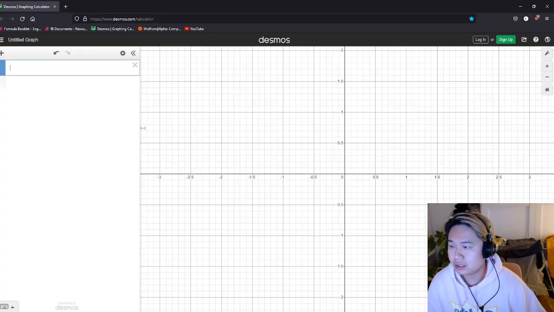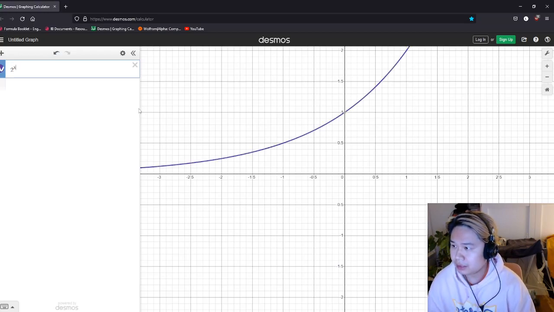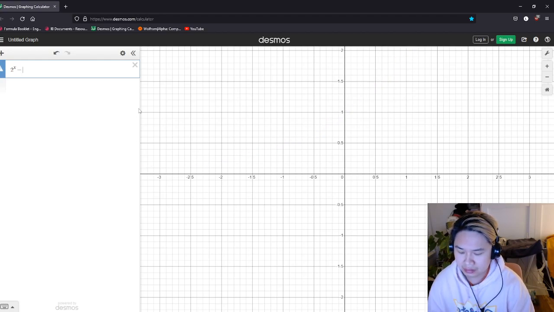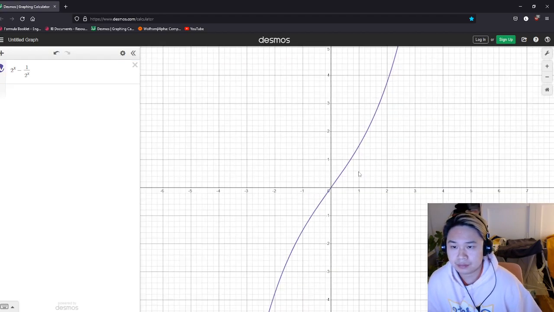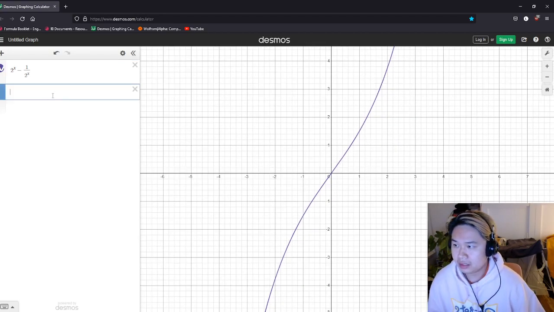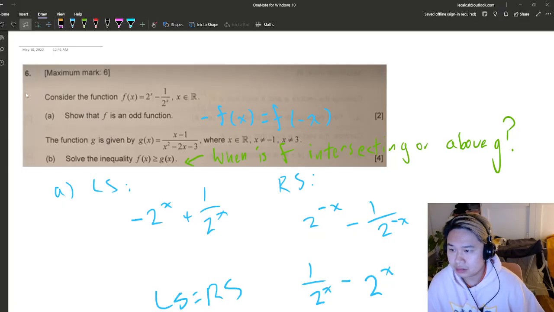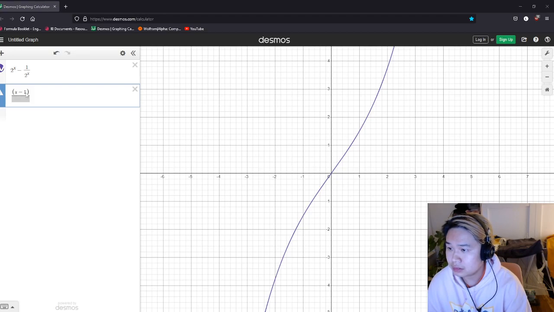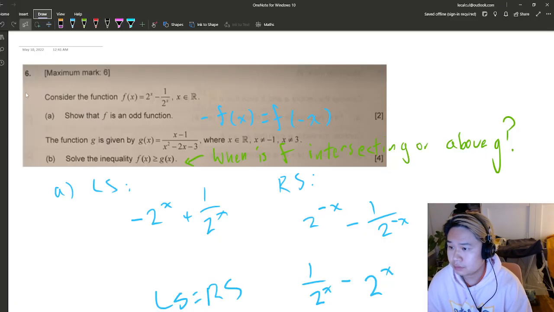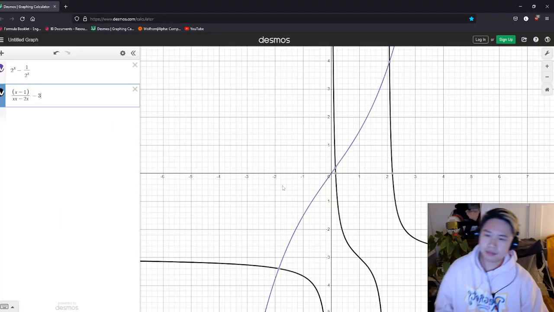So got Desmos. And then my first function was 2 to the power of x minus 1 over 2 to the power of x. Okay, and then my other function, 1 over x squared minus 2x minus 3.